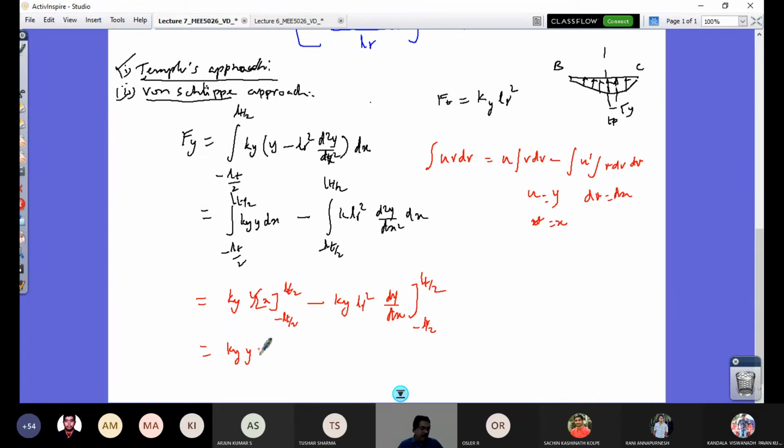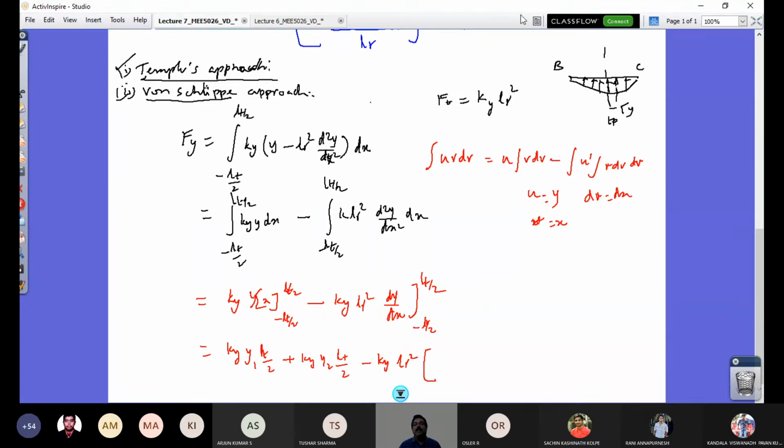So I have to be very careful here. So it's going to be ky y1 LT by 2 plus ky y2 LT by 2, and here I have ky Lr square, and this dy by dx.